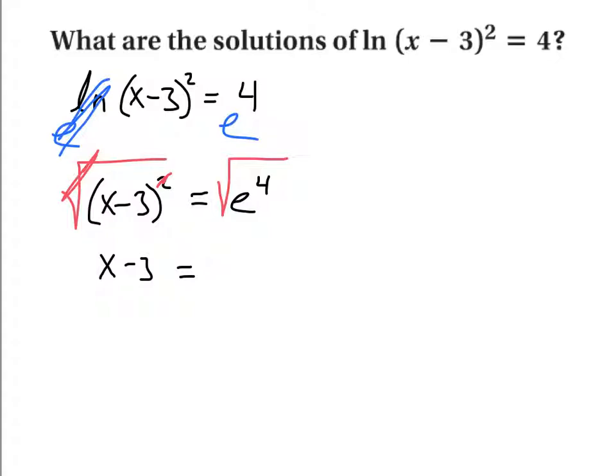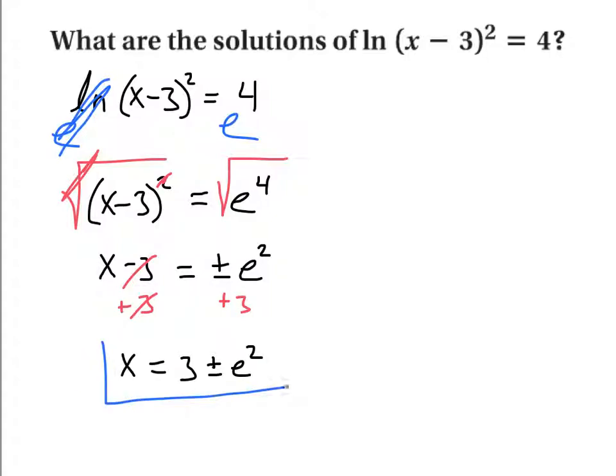But wait a minute. Who put in that square root? I did. So it's positive and negative e to the 2nd power. And now if I add 3 to both sides, my exact answer is 3 plus or minus e squared.